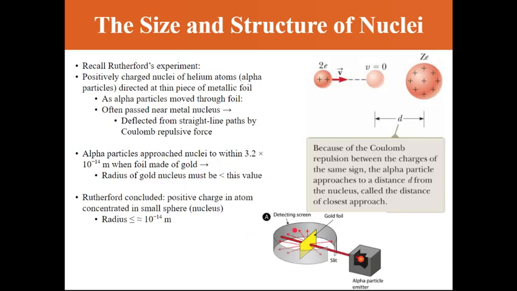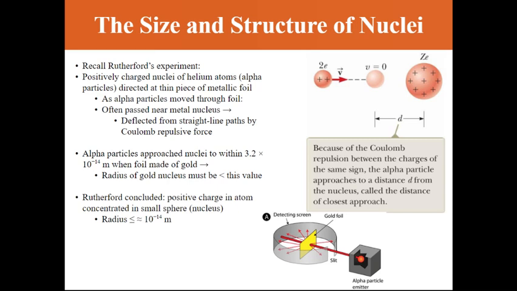Now, how big is a nucleus? Well, in Rutherford's experiment, or better said, the experiment that his students did, they were shooting alpha particles, which are just helium nuclei, so 2 protons and 2 neutrons, into a gold foil. The alpha particles were getting deflected by the nucleus of the gold atoms.